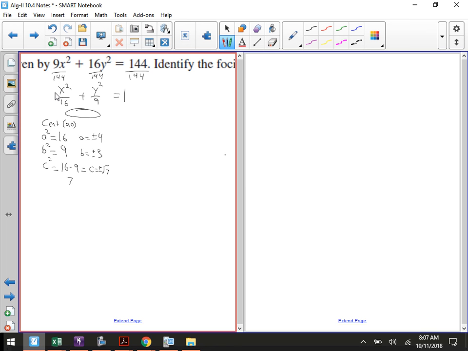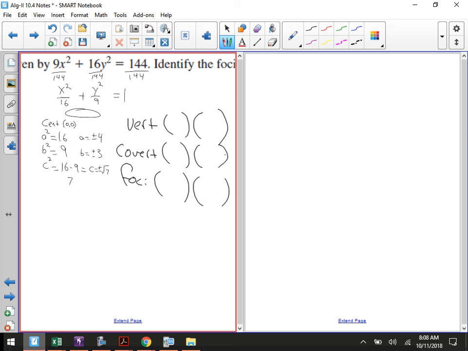I have a center, I have a vertex. There are 2 ordered pairs that I need to list for my vertex. My co-vertex has 2 ordered pairs that I need to list. And my foci, there are 2 ordered pairs that I have to list for that. I'm just making a running tally of the points I'm going to have to identify. I'm sorry, 6 points I have to identify.